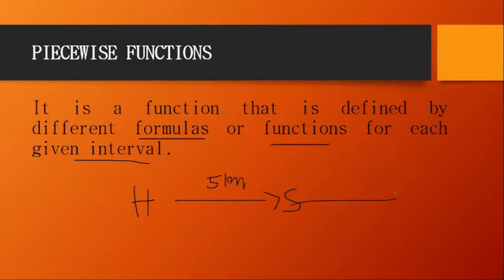From the school to the market, that's another 5 kilometers. So, this is the market. Ito yung interval natin dyan. So, this is the first interval. This is the second interval. So, ibig sabihin, bawat interval natin, may iba't iba tayong function na ginagamit.